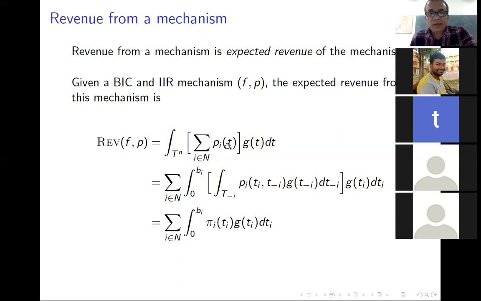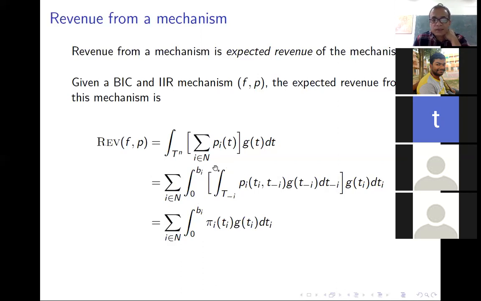Again, in the second step of this, I'm again using independence. What is happening is I have disentangled the t minus i integral. I've taken the summation outside and first integrated over t minus i and then integrated over t_i.